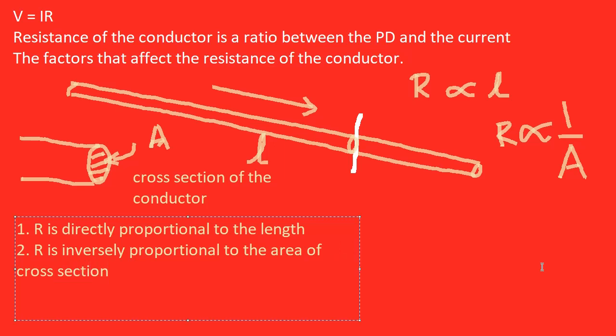Once we combine these two relations, what do we have? If we combine the relations, we have R proportional to L by A.